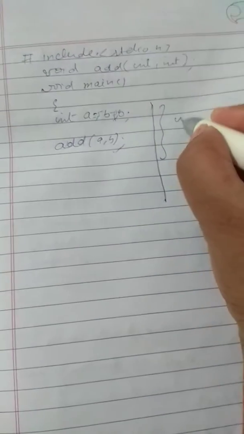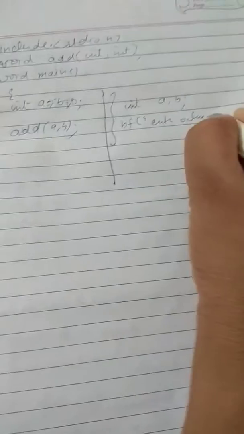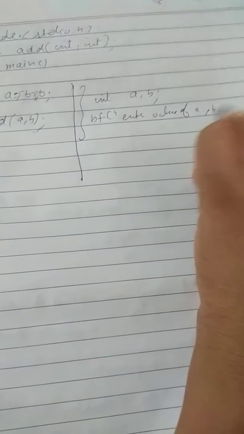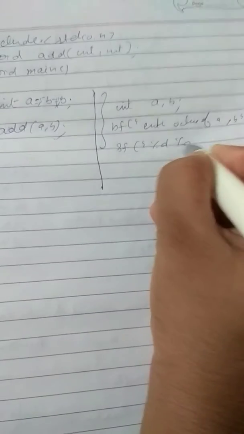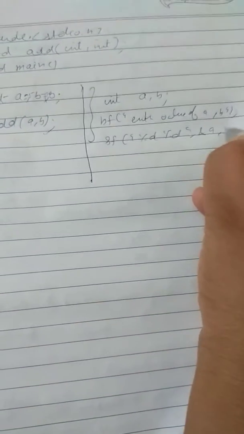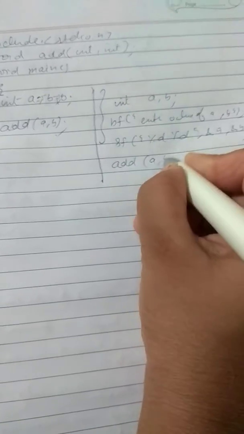Void main, open curly bracket. What you can write: int a comma b, printf enter value of a comma b, and then scanf %d ampersand a comma ampersand b, and then you can write add a comma b.